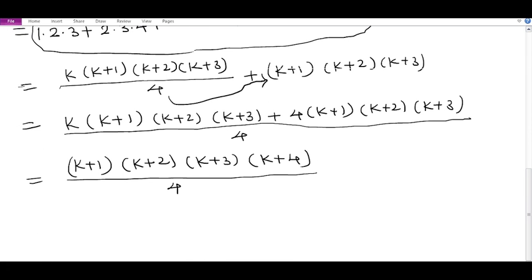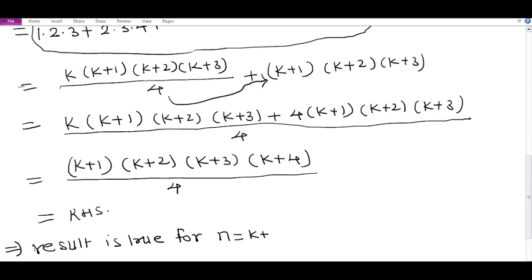So this is equal to RHS, and hence the given result is true for n equal to k plus 1.